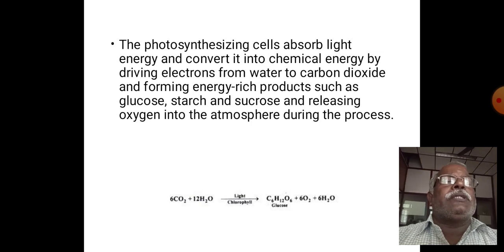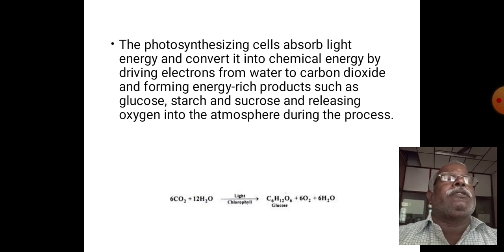So, 6CO2 plus 12H2O, in the presence of light and the plant leaf having chlorophyll pigment, gives C6H12O6, that is glucose, and oxygen is released. So in photosynthesis, carbon dioxide is taken in and oxygen is released.